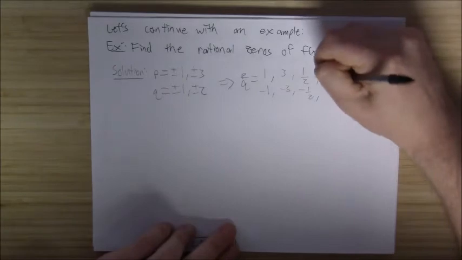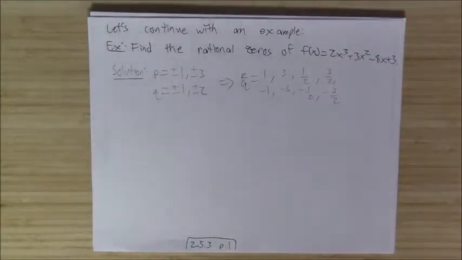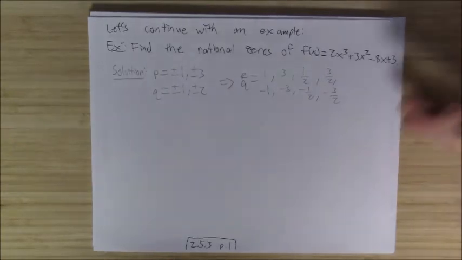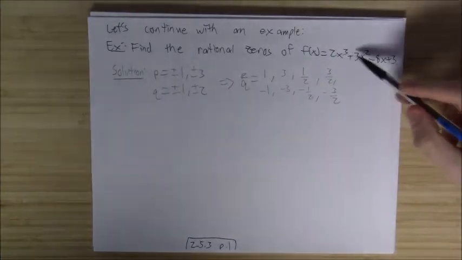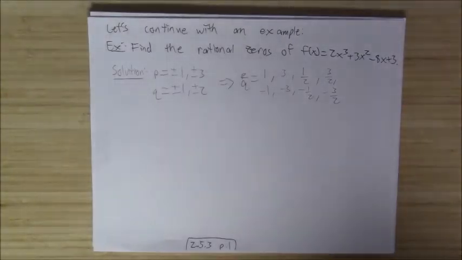I write them this way because that shows us that we have 8 possible rational zeros. Of course, we know they can't all be zeros because this is only a polynomial of degree 3, so it has 3 zeros.